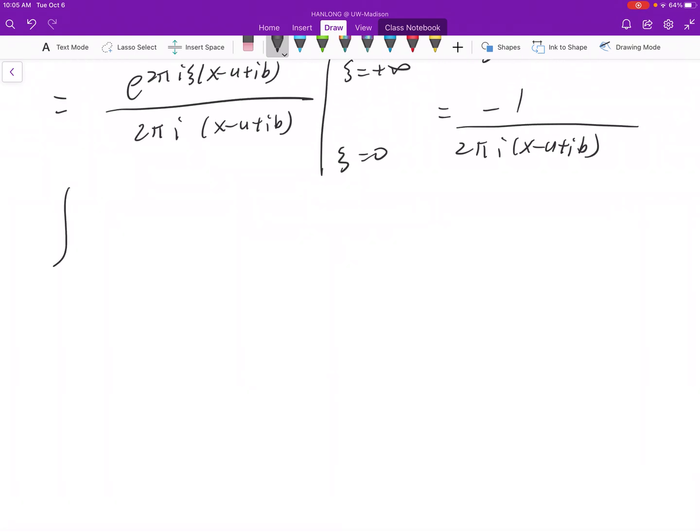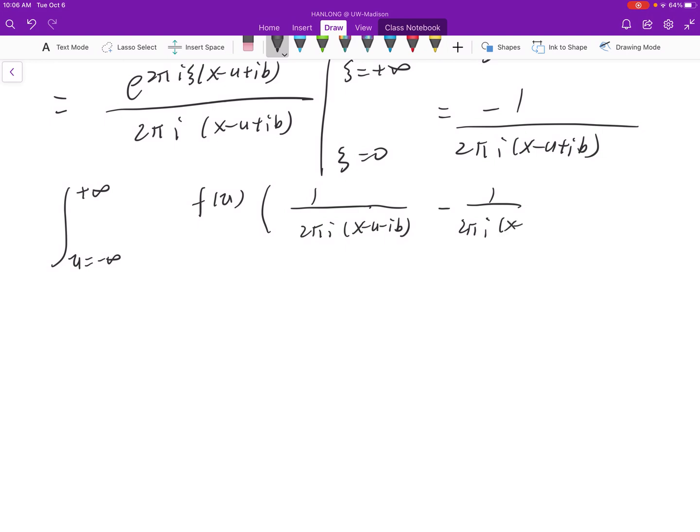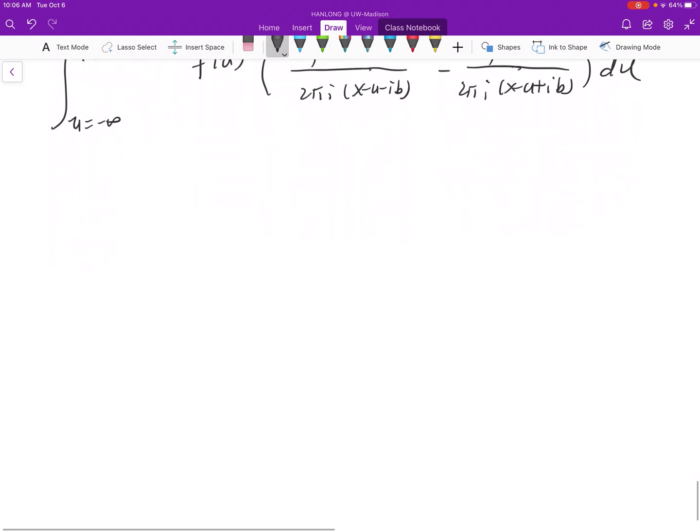Then if you look at the remaining integral, what do you have? You have f(u) times 1 over 2πi(x−u−ib) minus 1 over 2πi(x−u+ib). So what is this?